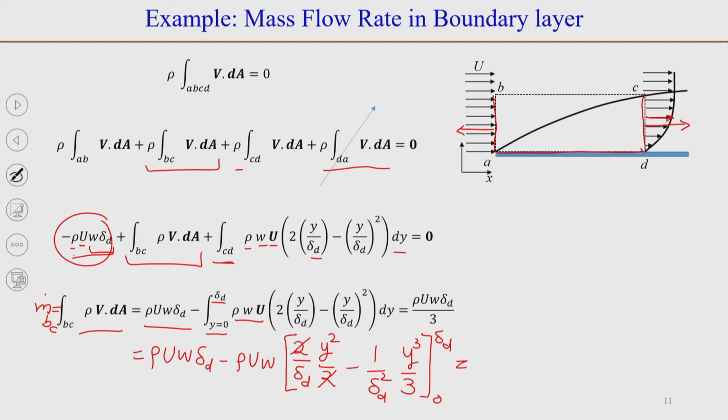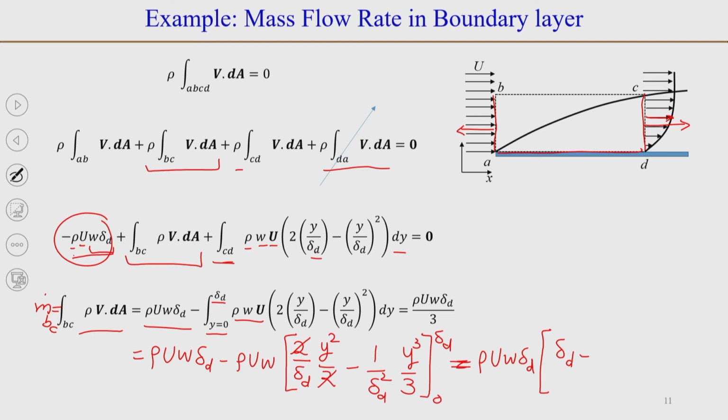So, that will be equal to rho u w delta d into, y squared becomes delta d squared by delta d, so you will have delta d, minus, substituting delta d in place of y, delta d cubed divided by delta d squared and divided by 3.